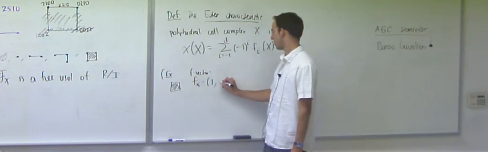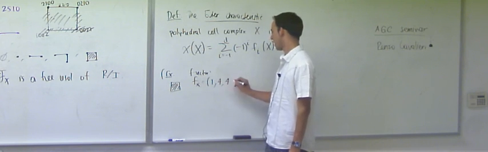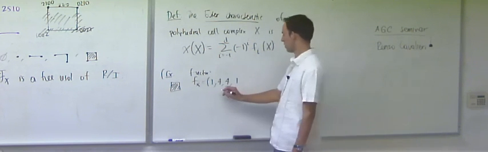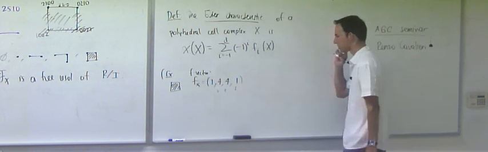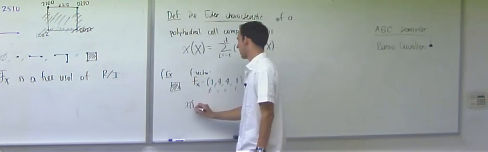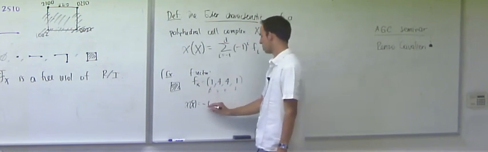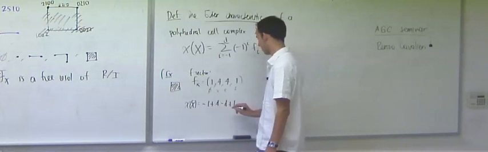Then I have 4 vertices. Then I have 4 edges. And then I have one two-dimensional thing. Vertices, edges. And so the Euler characteristic of this polyhedral cell complex is -1 plus 4 minus 4 plus 1, which is 0.